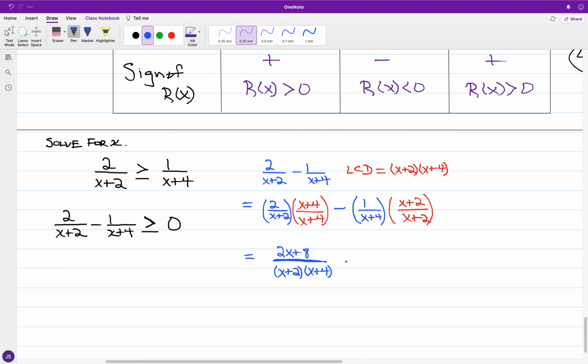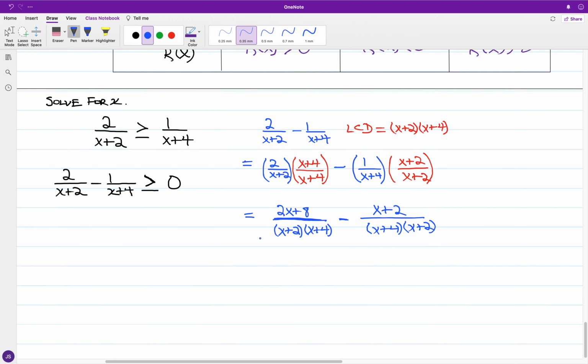Now I have subtraction in between, and I got 1 times x plus 2, so this will be x plus 2. And I'm going to have the same denominator. So I have still separated by the operation of subtraction.